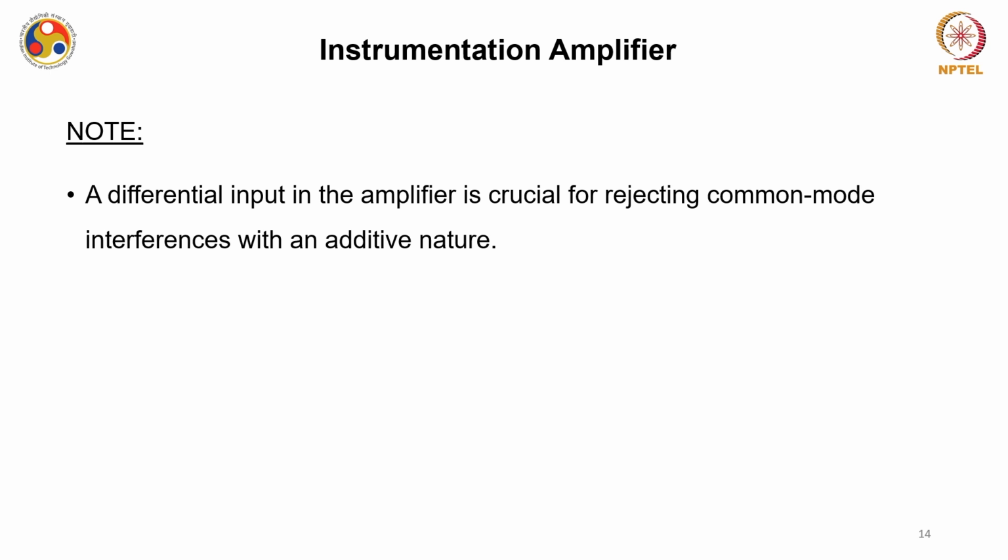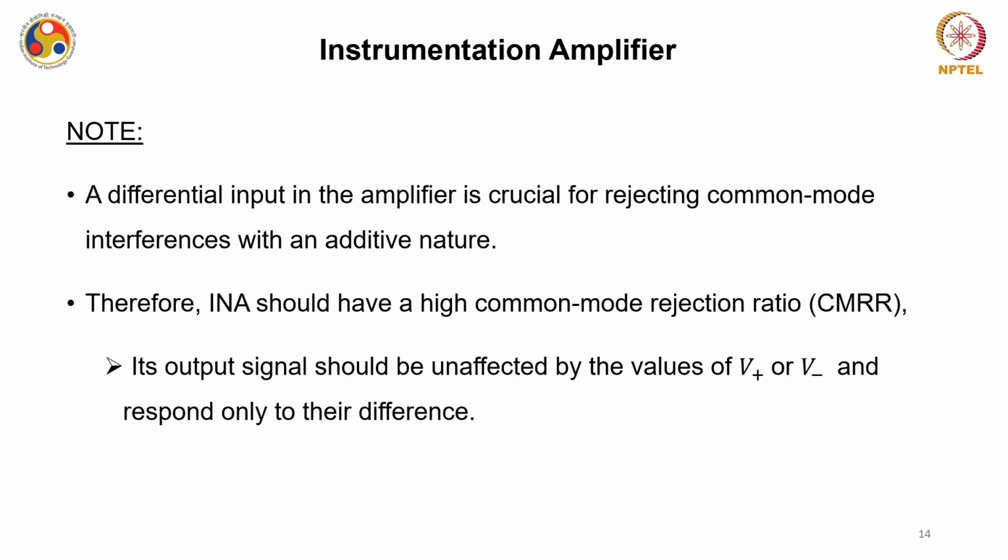A differential input in the amplifier is crucial for CMRR, the rejection of common mode signals. We have already seen this even for op-amps. So an IA, or any other amplifier, should have a high CMRR. We have seen that the CMRR for op-amps is also very decent, and for an IA it is even larger.